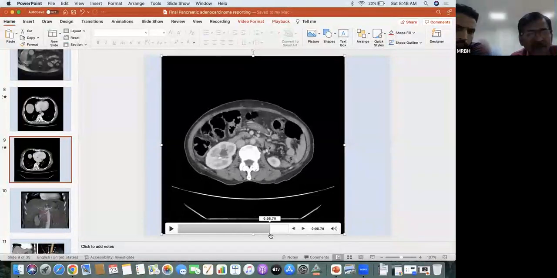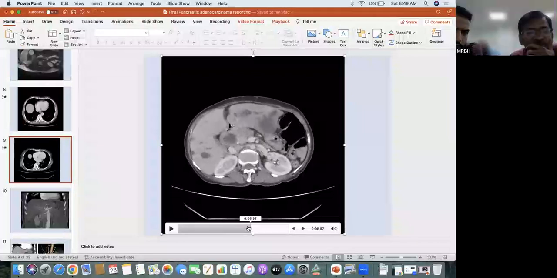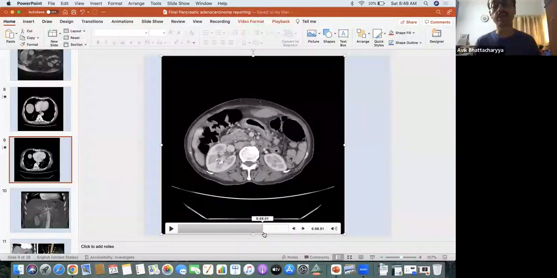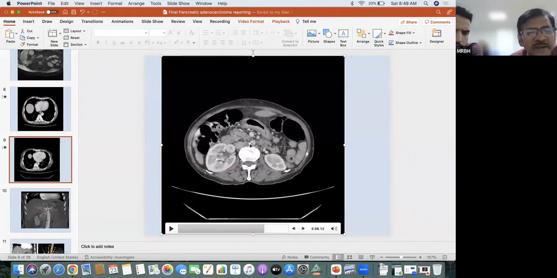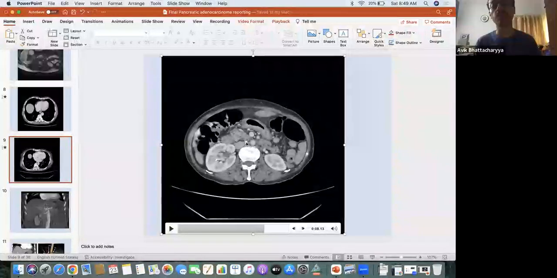What are the lymph nodes, and why do you look for the aortocaval node? Again, this is the aorta, this is the vena cava. This is the aortocaval area; aortocaval lymph nodes are always seen here, in between the aorta and the inferior vena cava. This is the pancreatic uncinate process, this is the superior mesenteric vein, this is the superior mesenteric artery.